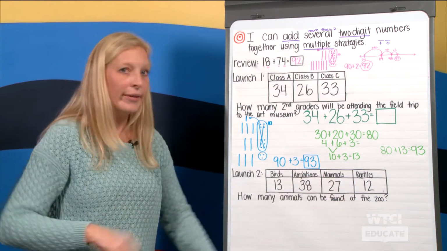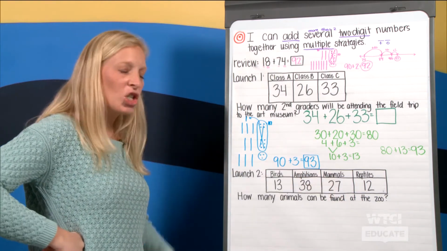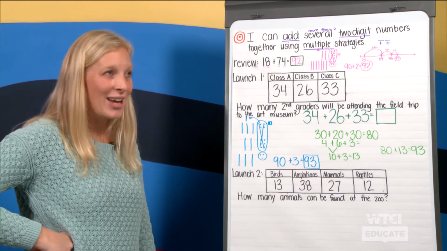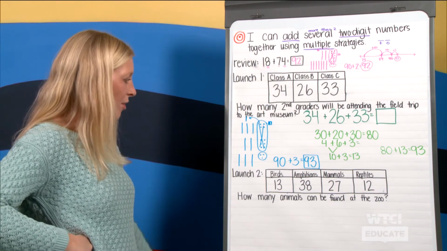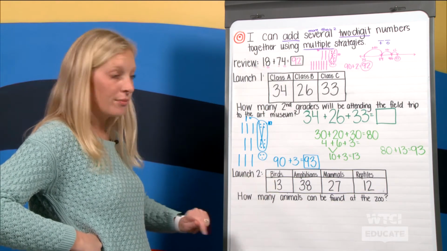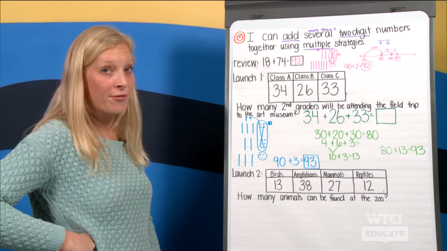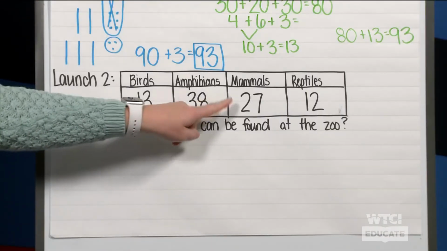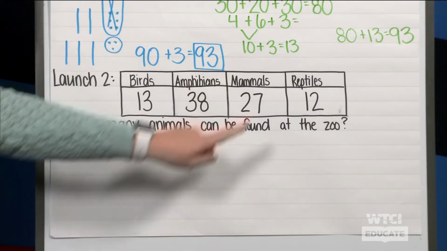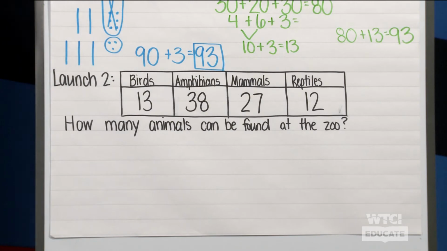This is a table showing us animals that you might find at your local zoo. There are 13 birds, 38 amphibians, 27 mammals, and 12 reptiles. How many animals can be found at the zoo? What equation might we write to match this story?